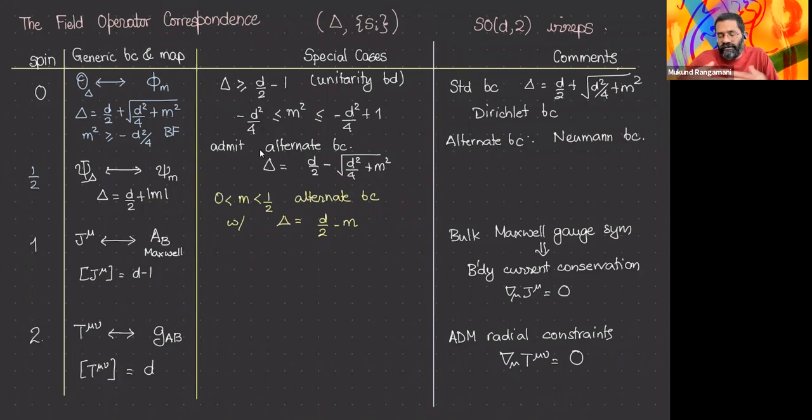Since it's a space with a boundary, I have to give you boundary conditions. So I can say, I want my fields to have a phase space where the boundary conditions are such that I get a well-defined finite inner product on the classical phase space. So the norm, let's say for Klein-Gordon fields, the Klein-Gordon norm should be positive and finite.